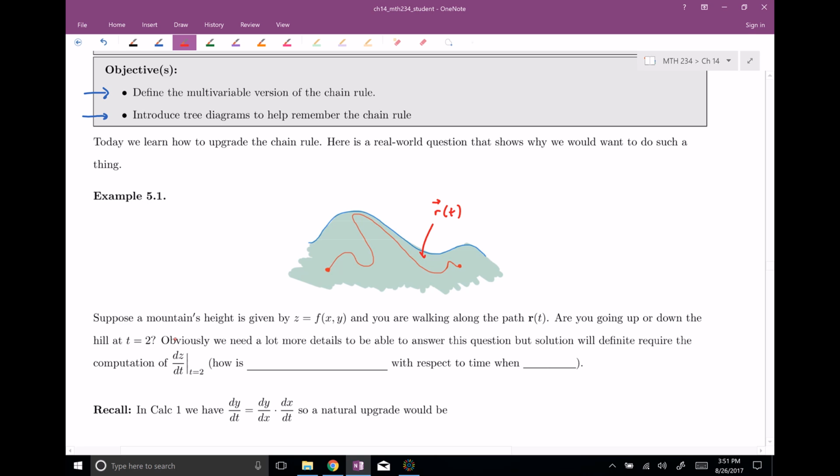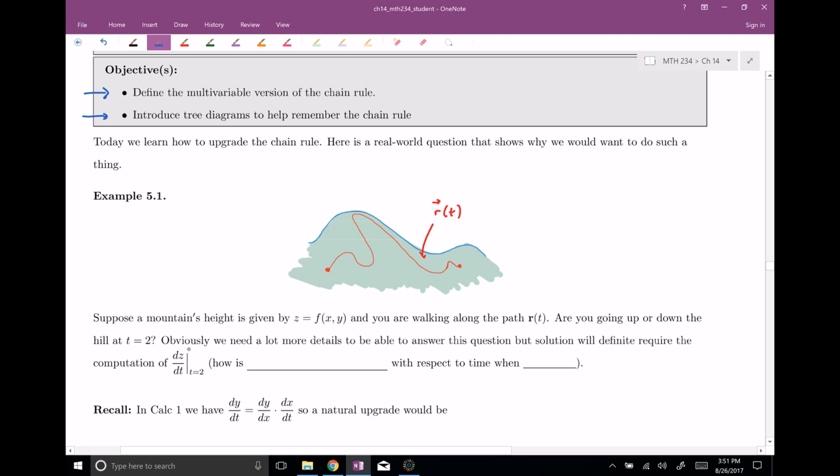So like I mentioned, obviously we need a lot more details, right? I haven't given you what the surface equation is. I haven't told you what our position function is. But if I gave you a lot of those details, I would hope that we would be able to answer this question. And it comes down to requiring the computation of what is our height, the z. How is that changing with respect to time at t equals 2?